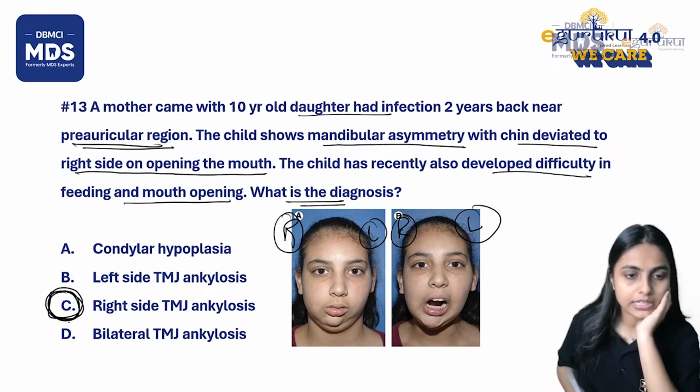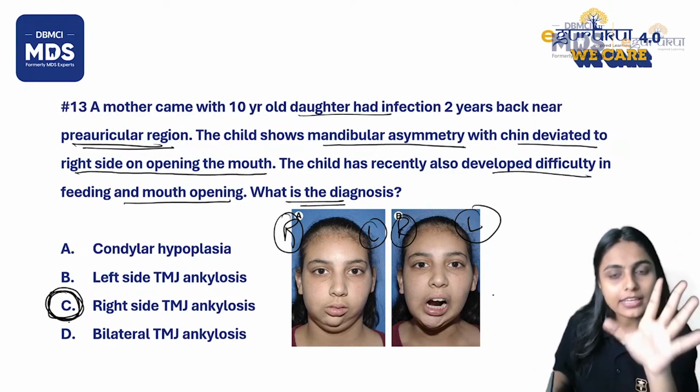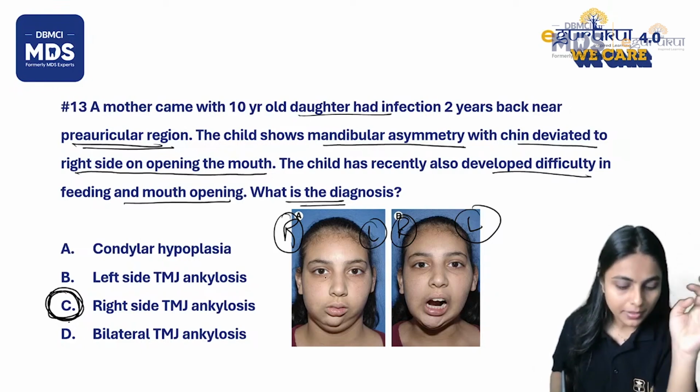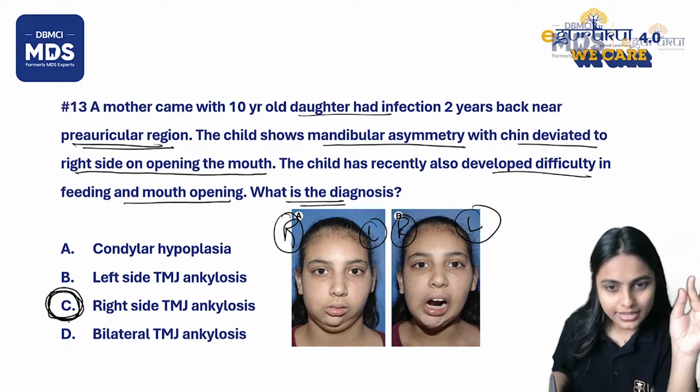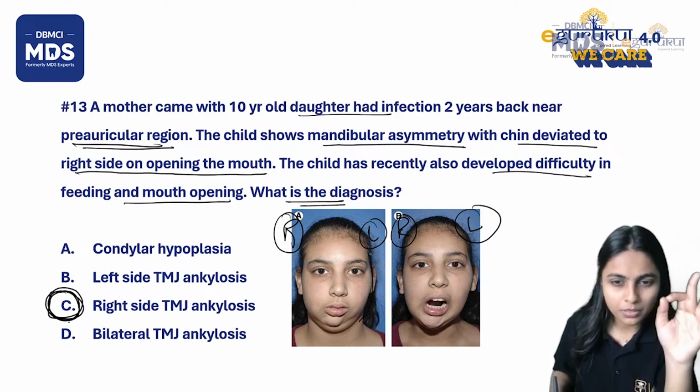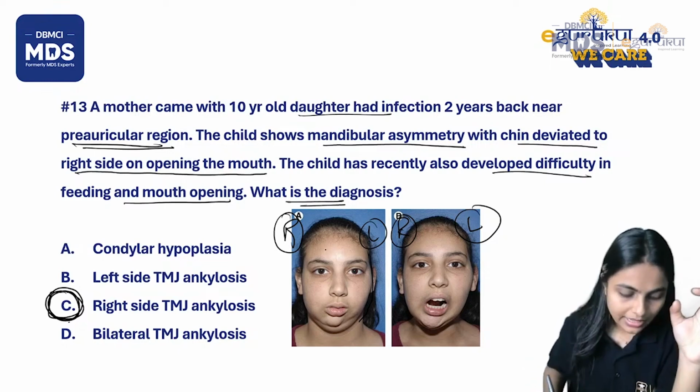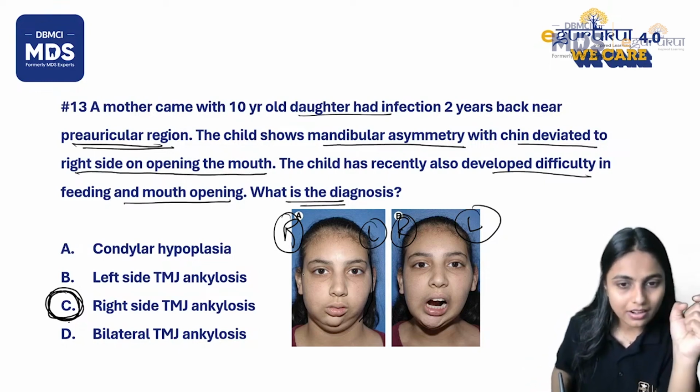Right side TMJ ankylosis. Now, if you look at the clinical picture clearly, the left side shows flatness, meaning the normal side, and the fullness is seen on the right side.